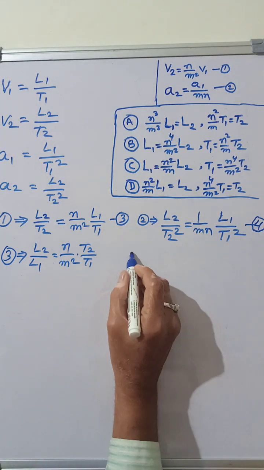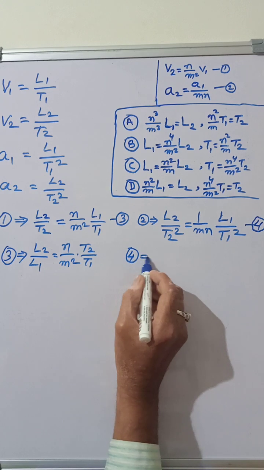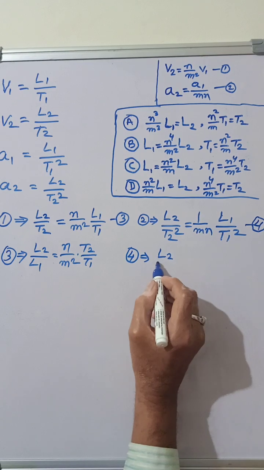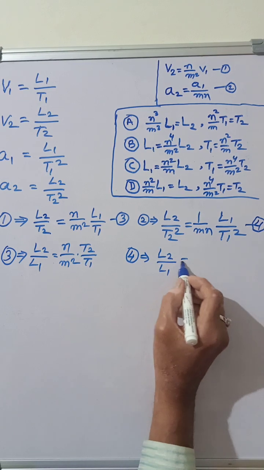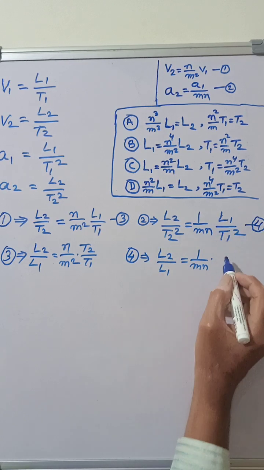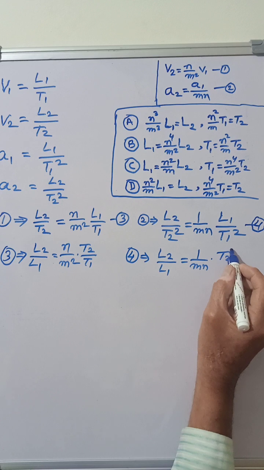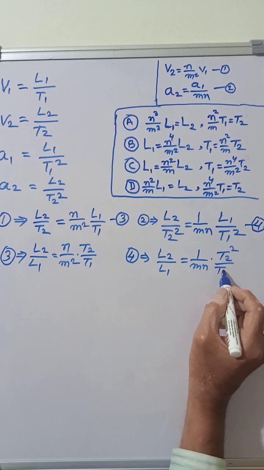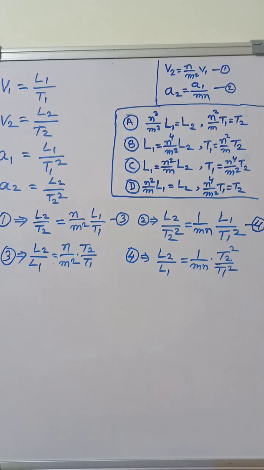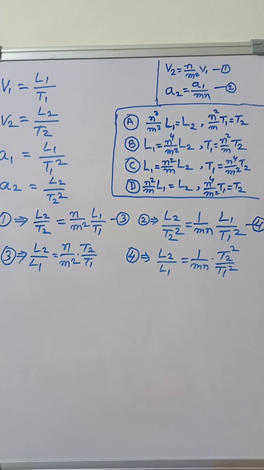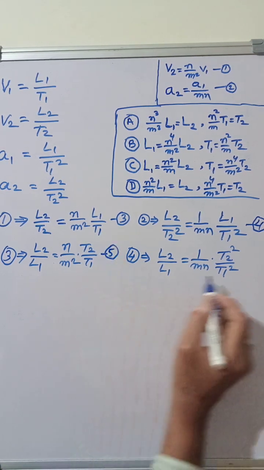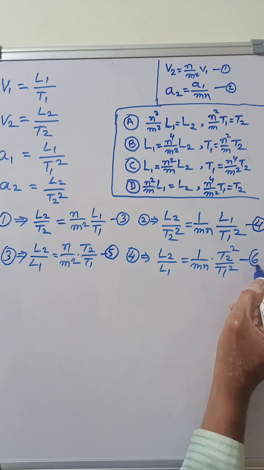Similarly, equation 4 implies L2 by L1 is equal to 1 by Mn into T2 square by T1 square. Let us mark the equations as equation 5 and equation 6.